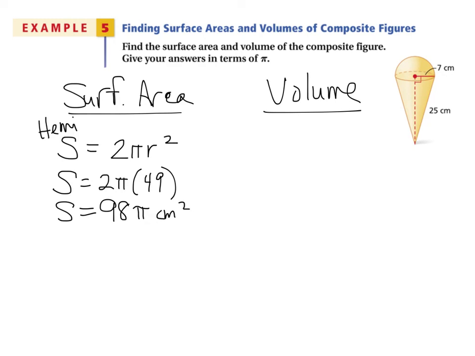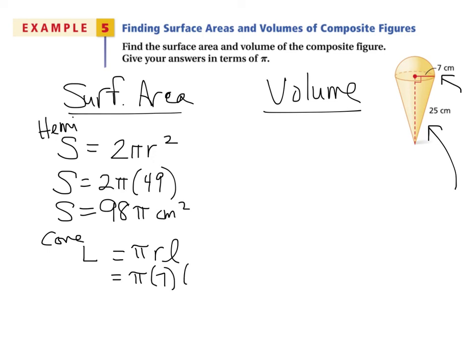Now to find the area of the cone, we don't need the part that's butted up to the hemisphere, because that's a circle and that's not part of the surface area. So all we want of the cone is the lateral area. The lateral area of a cone is just pi r L. Well, pi, the radius is 7, L is 25.